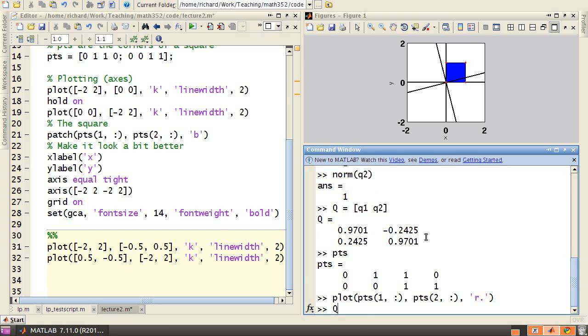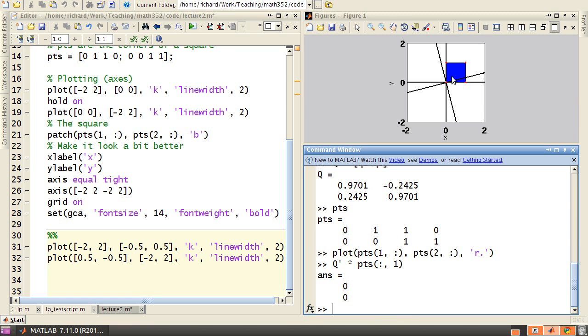So if I want to work out Q transpose times the first one, that just means all rows, first column of my set of points. Lo and behold, 0, 0 remains as 0, 0 in our new axes, our new coordinates. Okay, let's have a look at what happens to the point 1, 0.